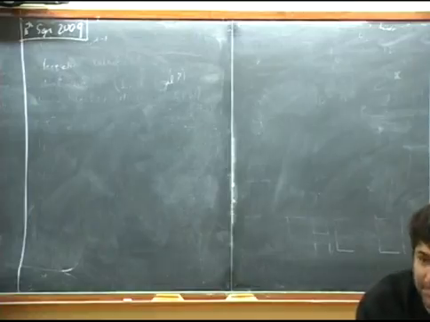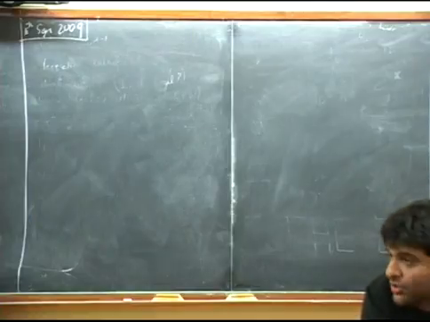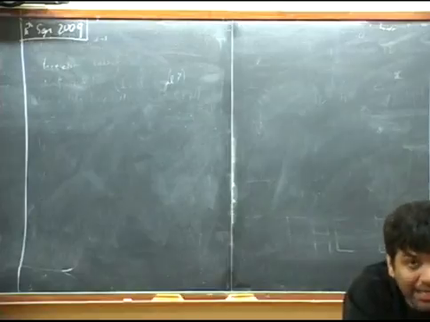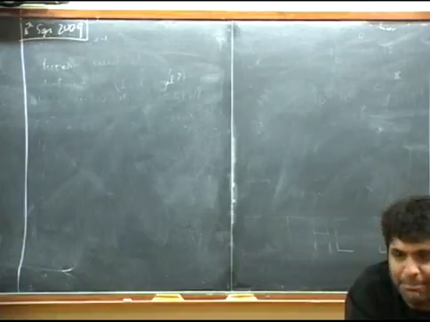Where on the world sheet we put these picture changing operators didn't matter, because we showed that the amplitude was independent of the location of the picture changing operators. And then we also argued that there was a particularly simple way to think of this amplitude.